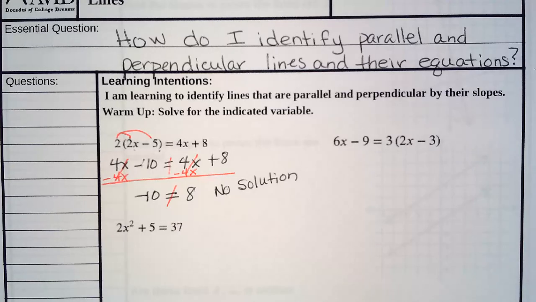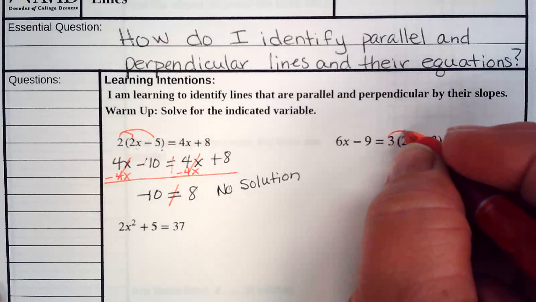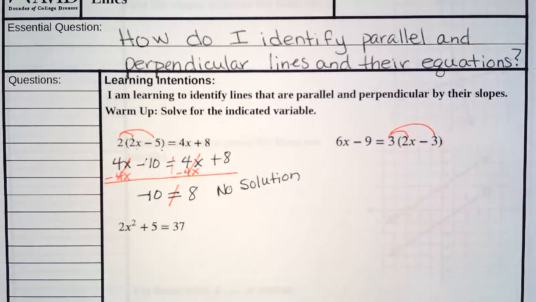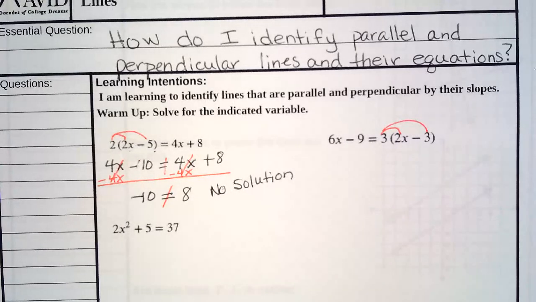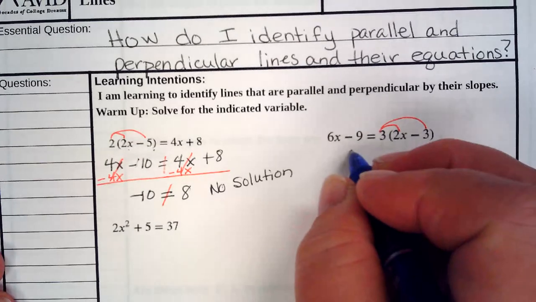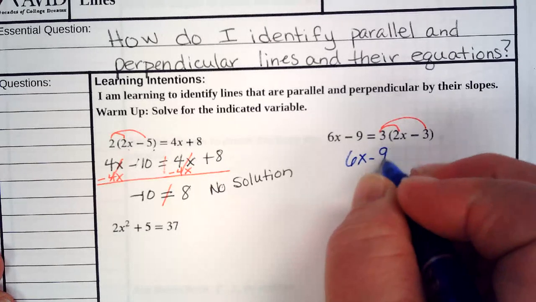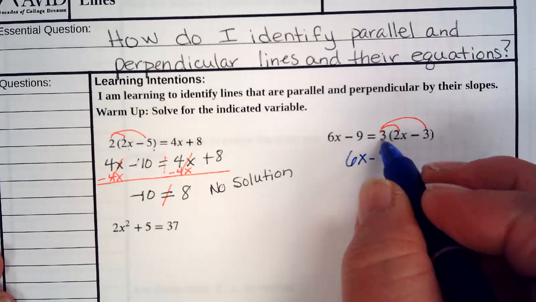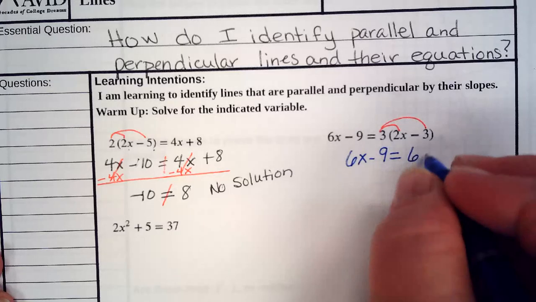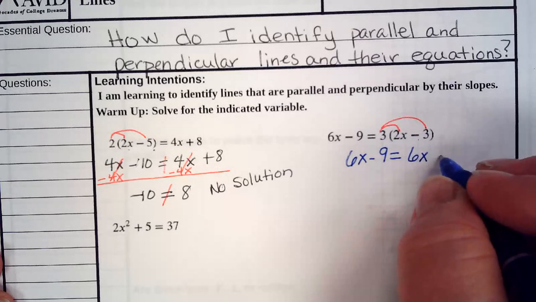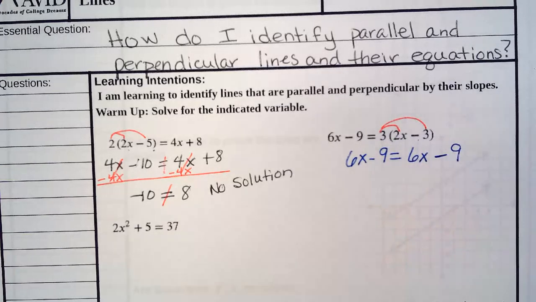Okay, on the next one, I also have to start with the distributive property. 6x minus 9 is equal to 3 times 2x is 6x, 3 times negative 3 is negative 9.